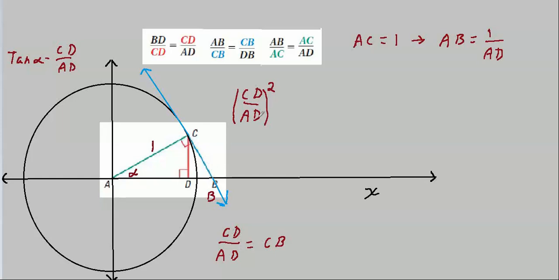First thing we can do is rewrite this. What would CD squared be? Well, we have a relationship over here. If we cross multiply, CD squared will be AD times BD, right? But we can substitute and write in BD times AD, and that'll be over AD squared.